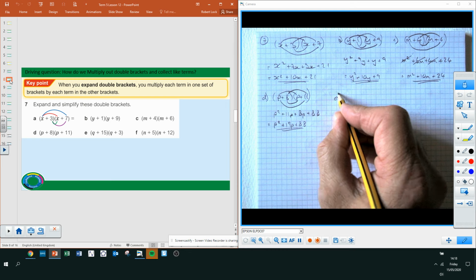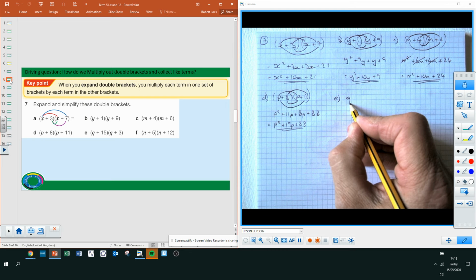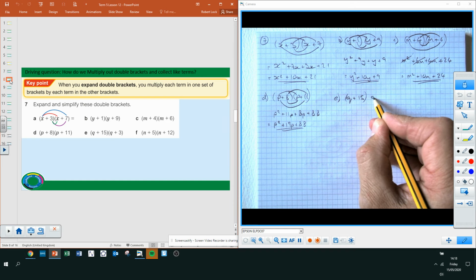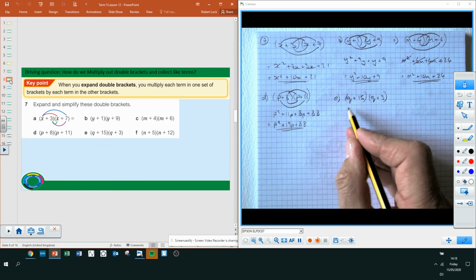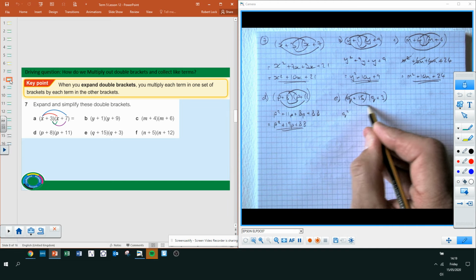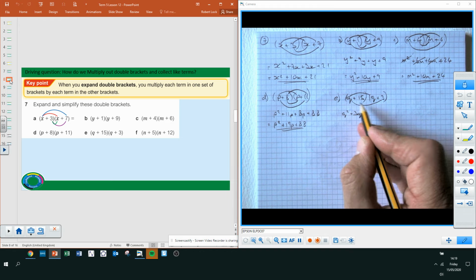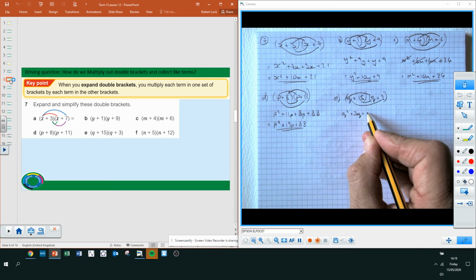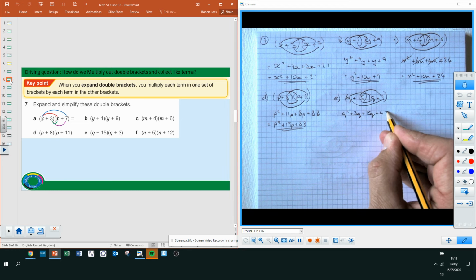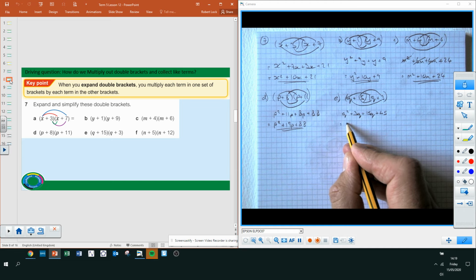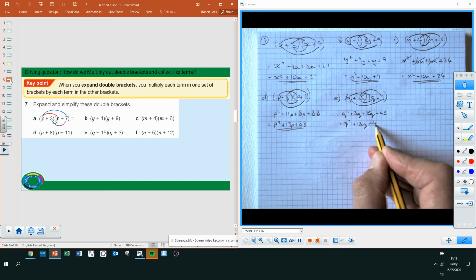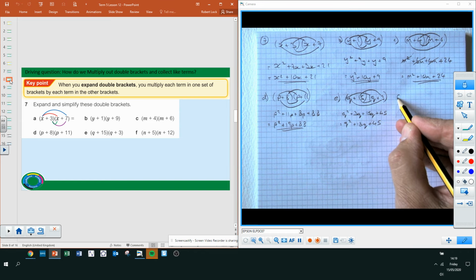D. Q plus 15, q plus 3. Q times q, q squared. Q times 3 plus 3q. 15 times q, 15q. 15 times 3, 45. Simplifying through, q squared plus 18q plus 45. F.